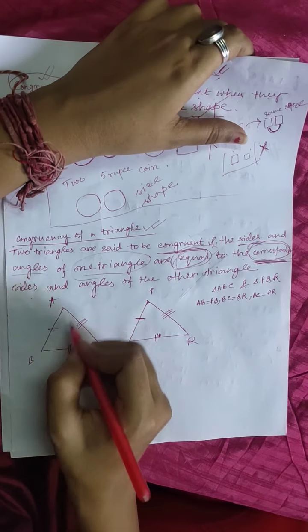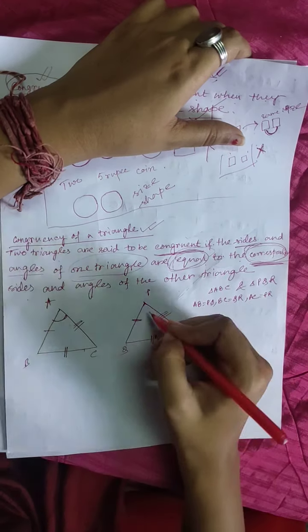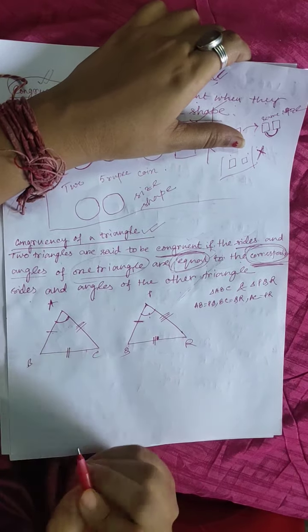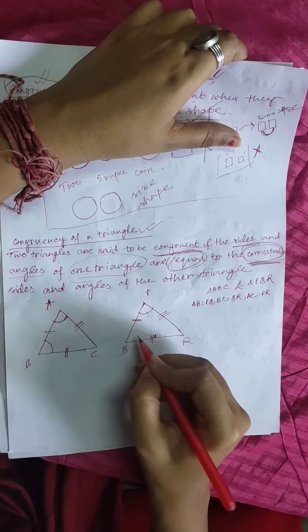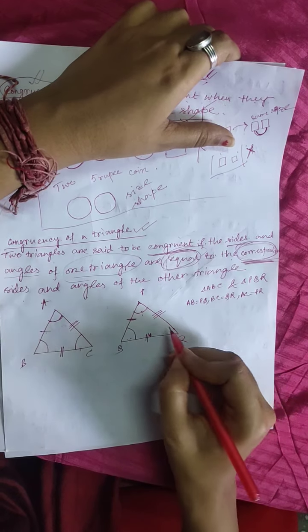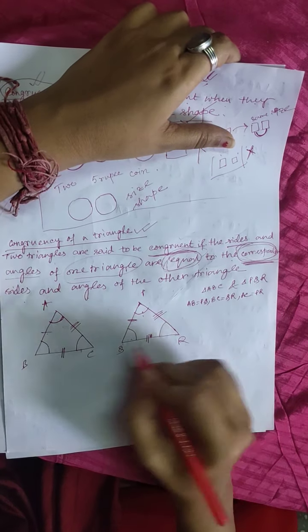And angle A will be equal to P, corresponding angles. Angle B will be equal to Q, and angle C will be equal to R, that is also a corresponding angle.